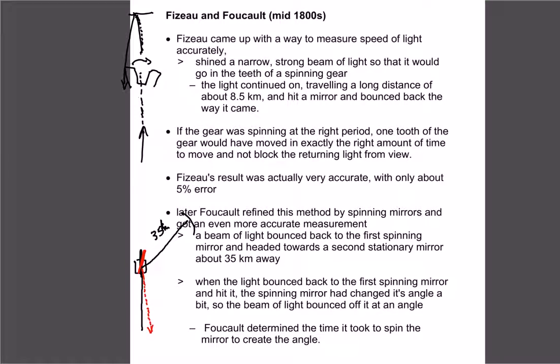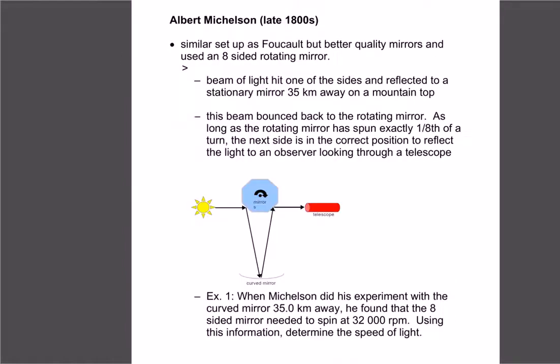So then he would just measure the angle. So he knew that if he could figure out the time it took to spin the mirror to change that certain degree of angle, then he could use that time to figure out the distance divided by time to get our speed. And he actually came up with a pretty solid answer that was pretty close to Fizeau's, but a little bit easier to do and a little bit better answer.